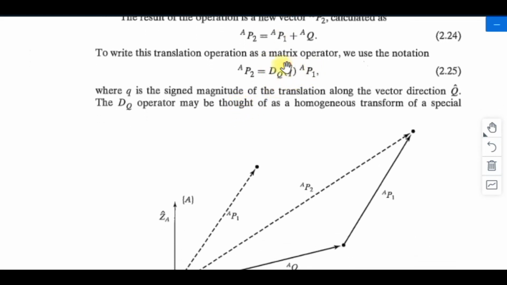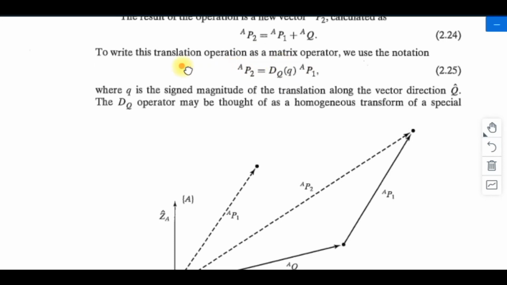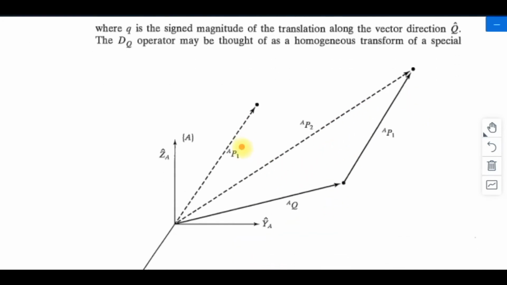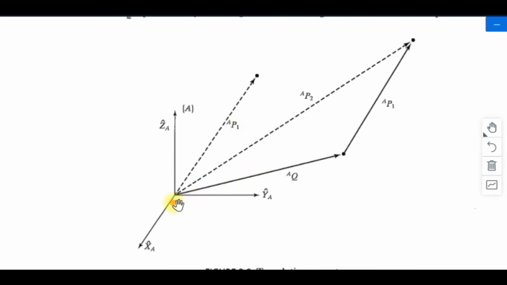So how do you calculate it? My question is, why does AP2 equal this plus this?